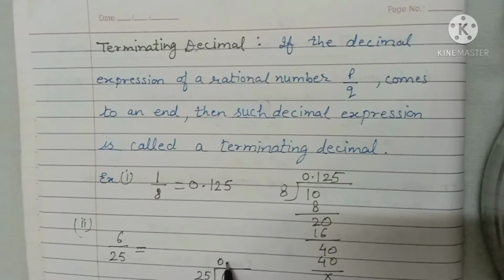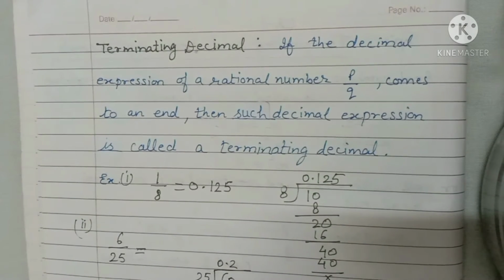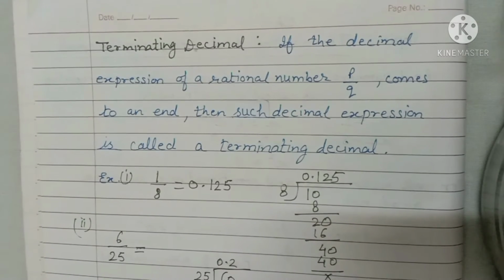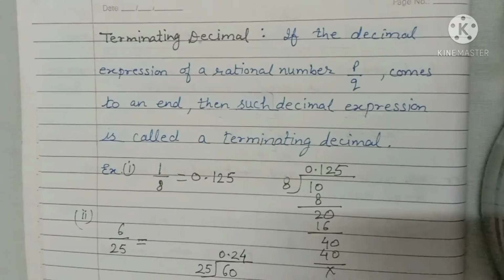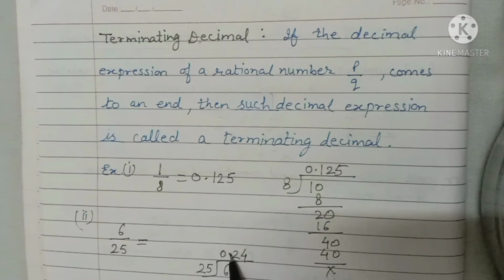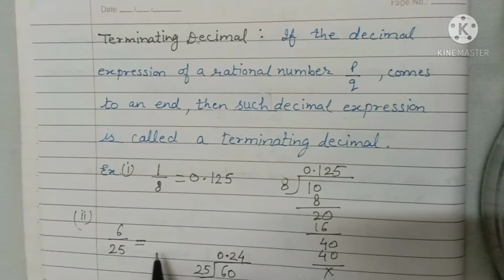Put 0, then point, then 0. 25 twos are 50. Now the remainder is 10. The point is here, so we can put 0 here. 25 fours are 100. So this decimal expression comes to an end.